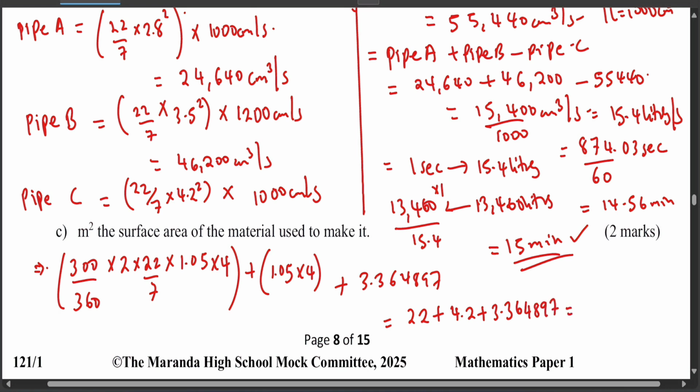So 22 plus 4.2 plus 3.364897 itakupa around 29.57 au 6. So hii nimeandika tu for significant figure, the final answer. So 29.56 meters square. Wewe ukitaka kuandika kubwa ni wewe sasa.